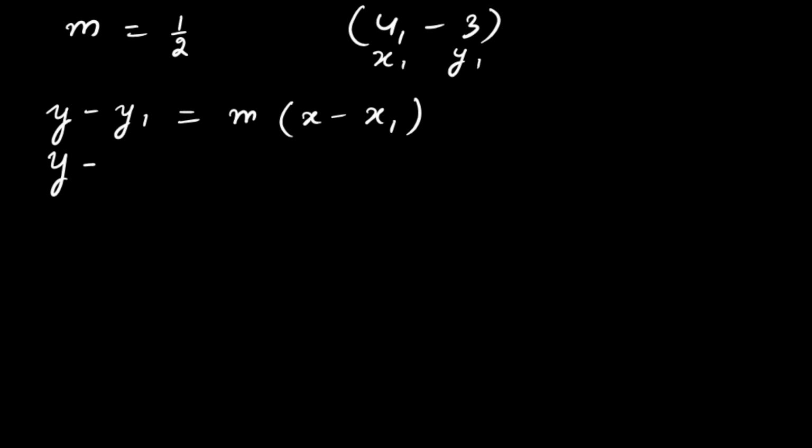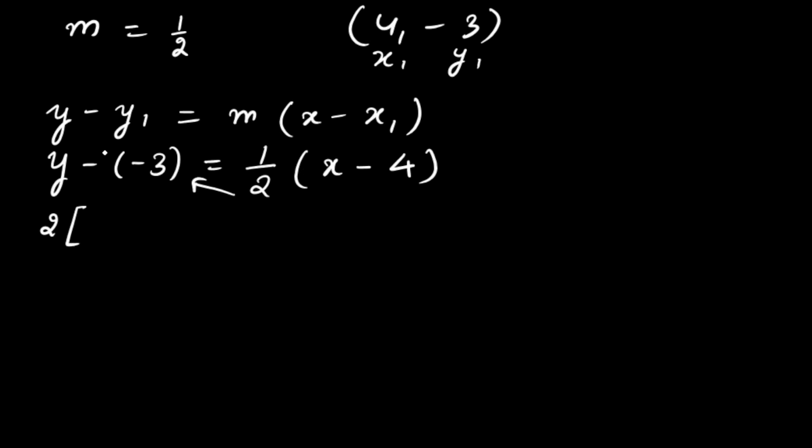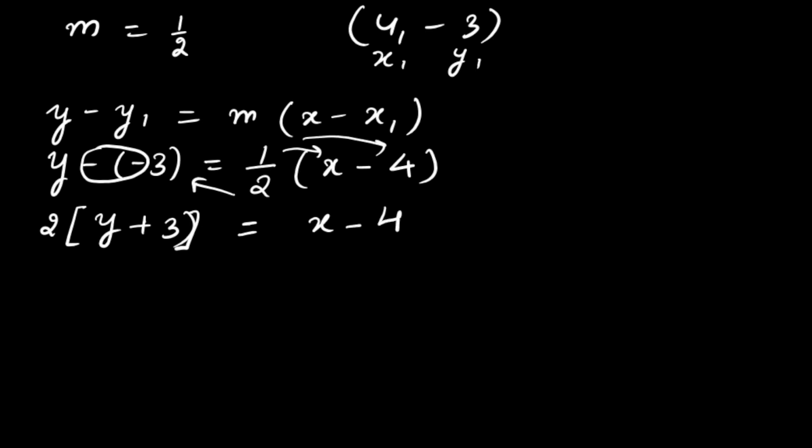So y minus y1, where y1 is minus 3, is equal to m, which is 1 by 2, into x minus x1, where x1 is 4. Simplifying, this 2 will shift to the other side and get multiplied, and minus minus will become plus. So 2 into y plus 3 is equal to 1 into x minus 4.